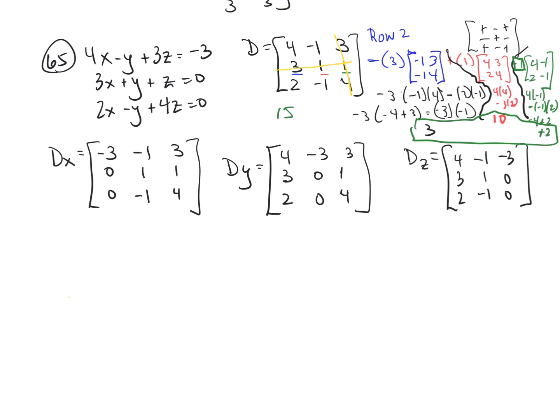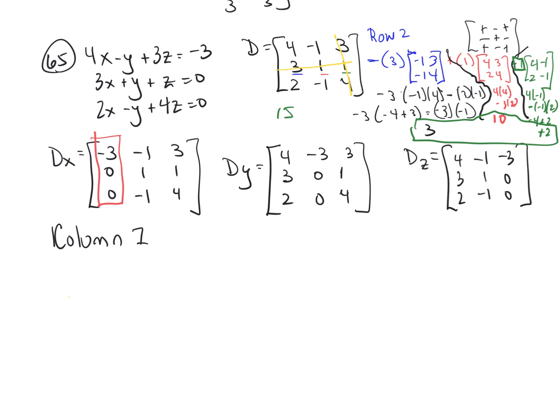All right. Now, the reason I said earlier that these are a lot easier to compute, and I should have moved them down, I apologize for running out of space over here, is that for D sub x, I'm going to choose column 1. The reason I'm going to choose column 1 is because of these fabulous zeros.